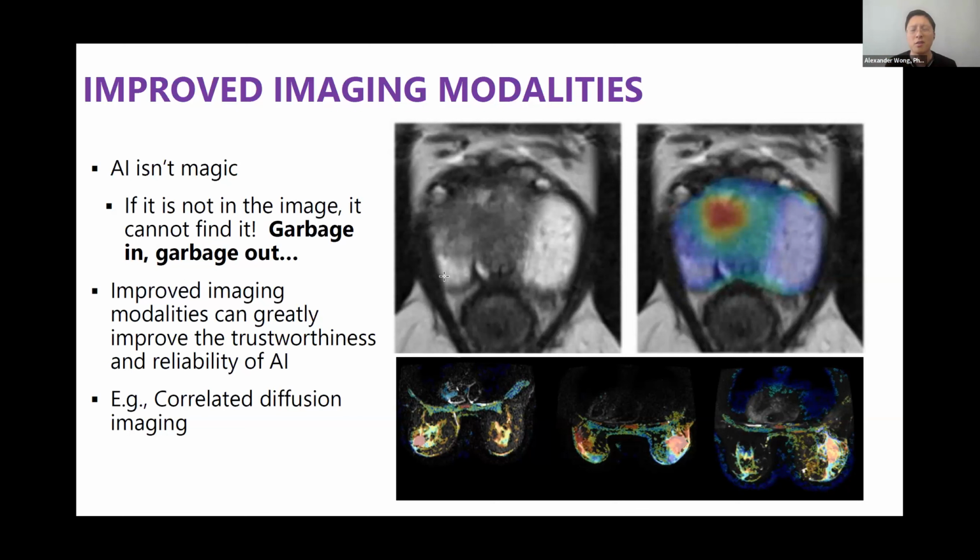On the bottom case, given our initial success with correlated diffusion imaging for prostate, we've since expanded it for the purpose of breast cancer. And so on the bottom are CDI information overlaid for breast cancer.